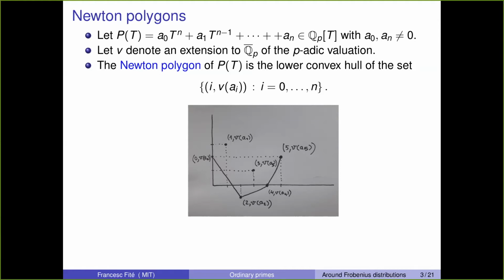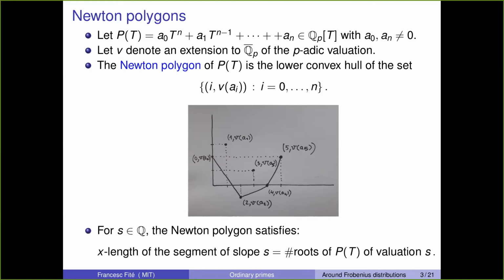As an example, I drew the Newton polygon of some polynomial of degree 5, for which I chose random valuations for its coefficients. You plot the points, you draw the lower convex hull, and that's what the Newton polygon is.